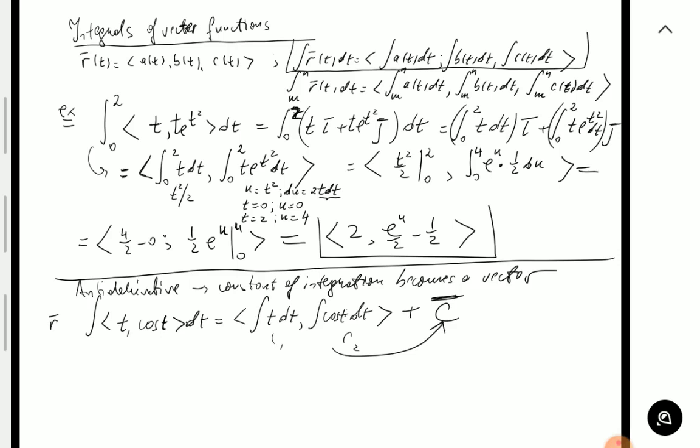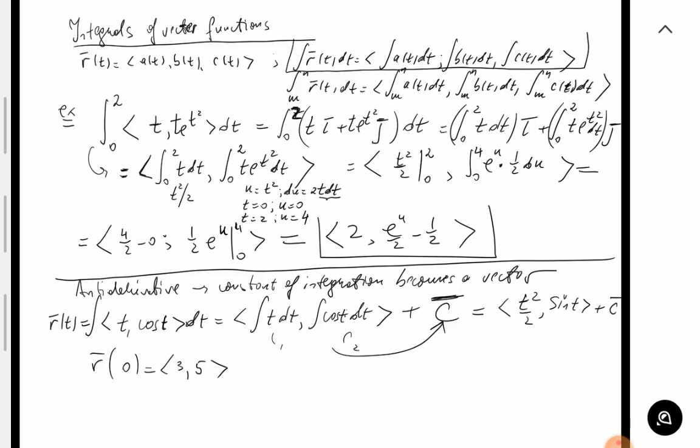So for example, let's say r of t is this integral, and then I compute the integral by components. This will be t squared over 2, the integral of cosine, which is sine of t, and then the constants of integration together come up in this constant vector c bar. And let's say I provide that r of 0 is equal to the vector 3, 5.